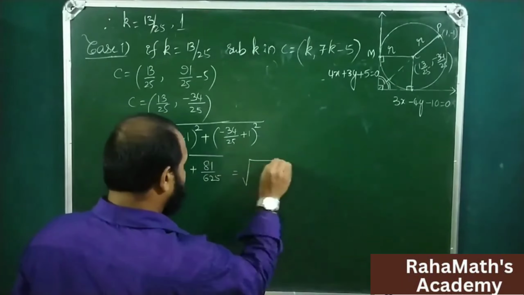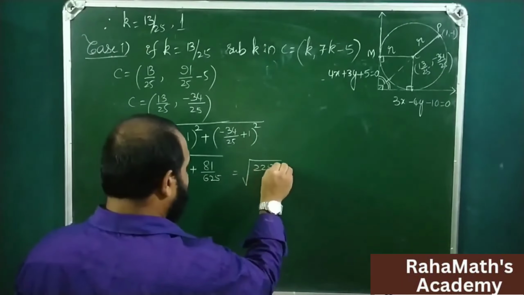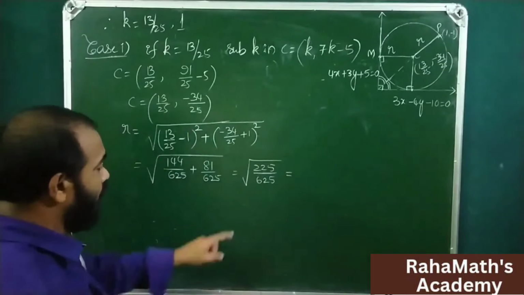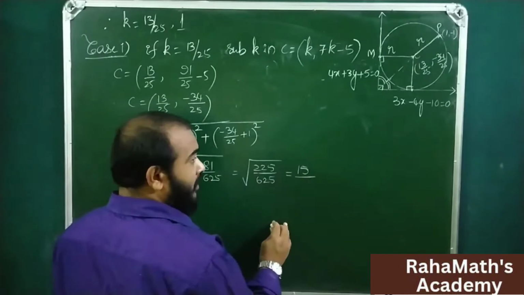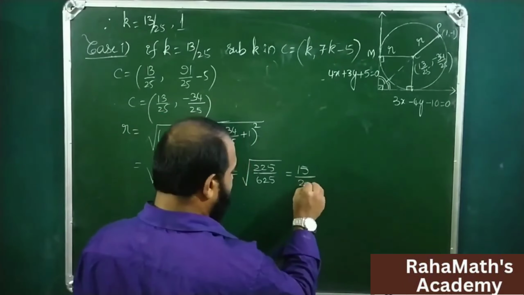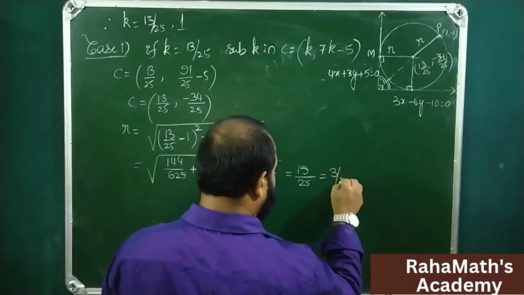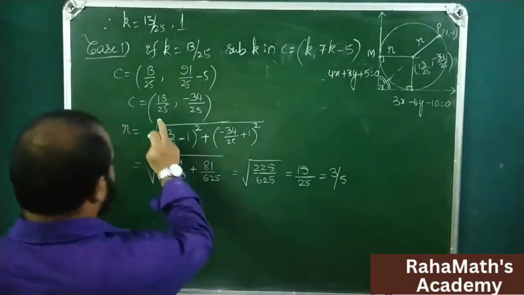That equals 144 plus 81 is 225 by 625. That equals 225 under root is 15, 625 under root is 25. If you cancel 5 times, then 3 by 5. So this is the center and this is the radius.